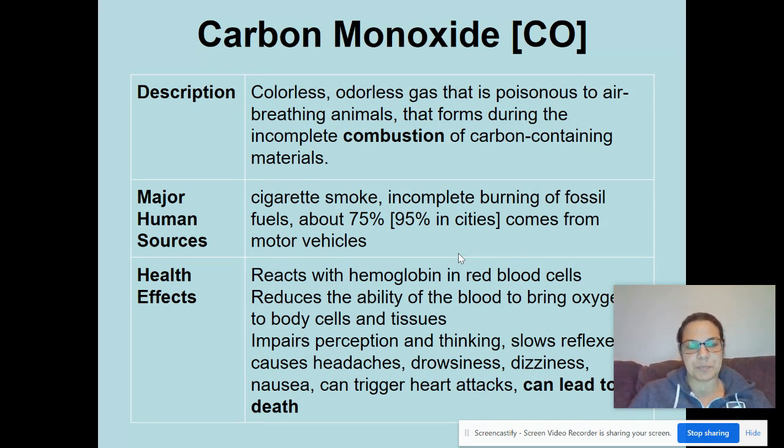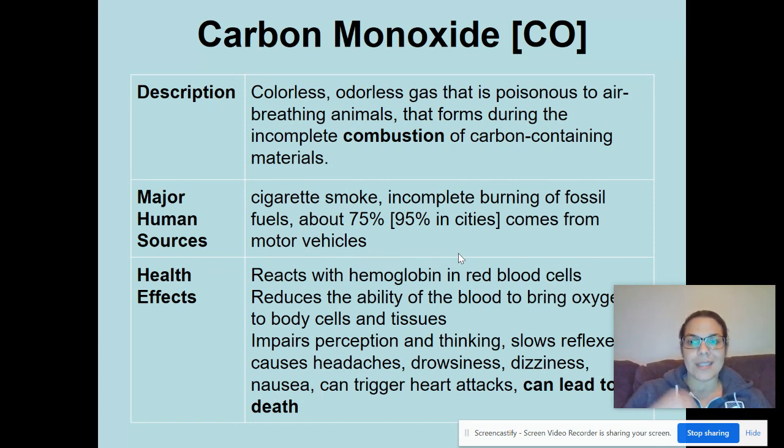Carbon monoxide comes from incomplete combustion of carbon-containing materials, like the hydrocarbons of coal, oil, and natural gas. Also in cigarette smoke, and about 75% or 95% in the city comes from motor vehicles. The big thing with carbon monoxide is that it's called the silent killer because when you breathe it in, it actually binds to the hemoglobin in your red blood cells.